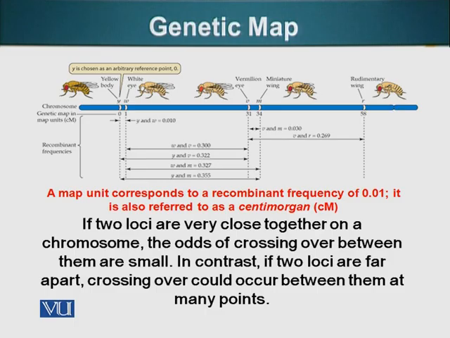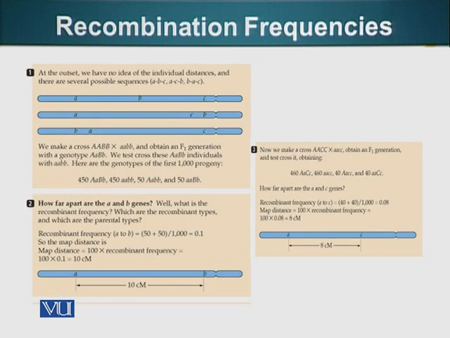Basically, if the distance between the two genes increases, so does the probability of recombination between these two locations. So using this information, scientists were able to make genetic maps, which were basically relative positions of genes on a chromosome.